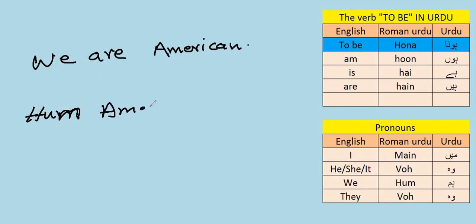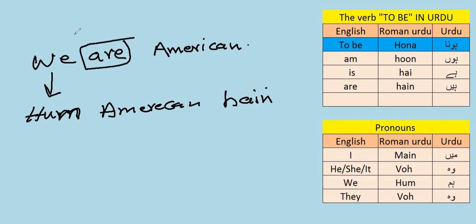American we can pronounce American, or also American, it doesn't matter. हम American हैं, plural हैं. We is हम and are is the to be form in English, while are here means हैं.